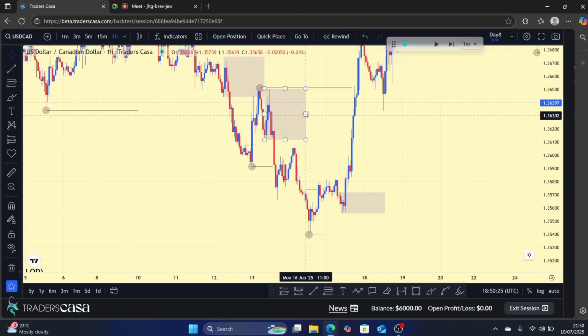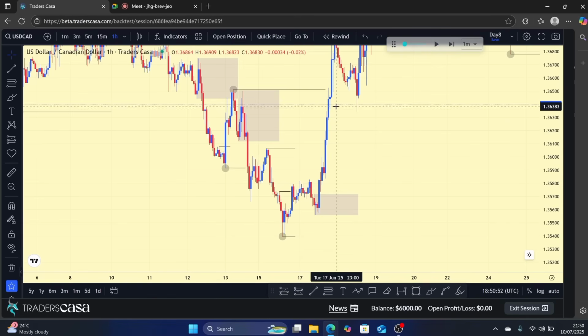So if this is the extreme POI, then where is the engineering liquidity? You can clearly see that this is the valid pullback that is right before the extreme POI. And so this high right here, the liquidity resting above that high, that's what we call the engineering liquidity. So this is the engineering liquidity. I mean this high, the buy-side liquidity resting above this high, that's what we call the engineering liquidity.